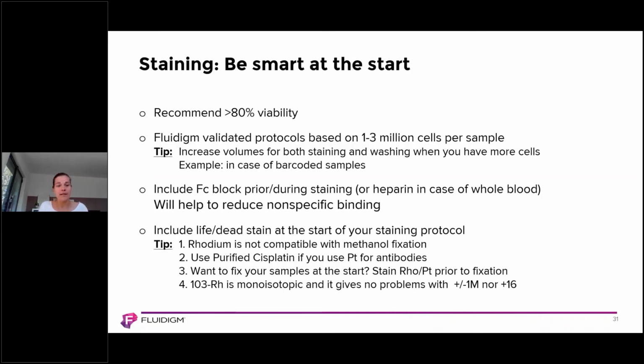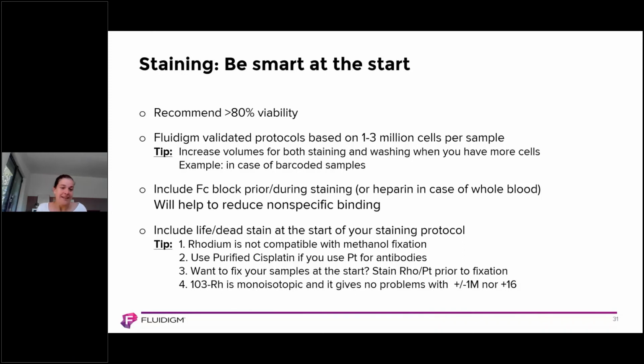The rhodium is not compatible with methanol because there is no covalent linkage with the cells. So if you want to do phosphostaining, it's better to use cisplatin. And just be careful that if you want to use cisplatin for antibody labeling, don't use it for live/dead staining.